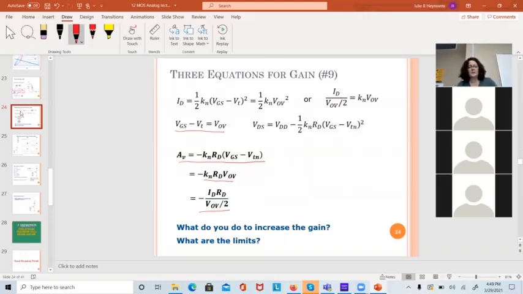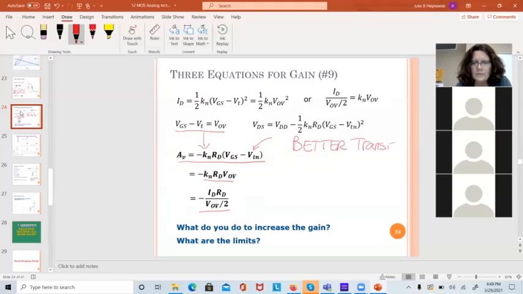There's only a couple of things you can do here. I could make KN bigger. That would mean I would have to buy a better transistor. Or if I was an IC designer, I could make my transistor bigger. I need to make VTN smaller. So those two fall in the category of getting a better transistor.